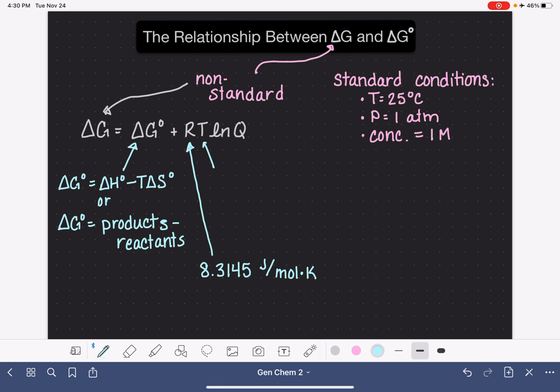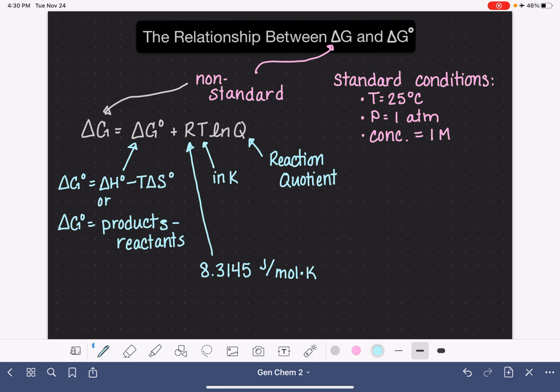T, of course, is temperature, and in this equation, the temperature needs to be in units of Kelvin so that it's consistent with R. And then last but not least, we have Q, the reaction quotient. Products over reactants, calculated the same way that we would calculate an equilibrium constant, K. So there's a lot of stuff involved in using this particular equation.